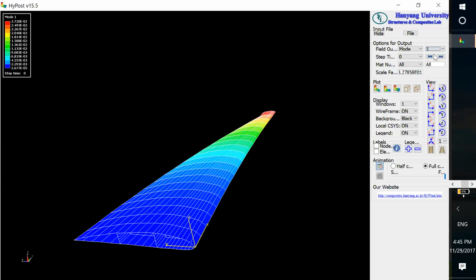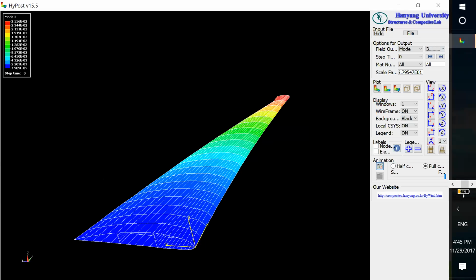This is a first mode, and sometimes you have a different vibration, like this. Okay? And this frequency is different.